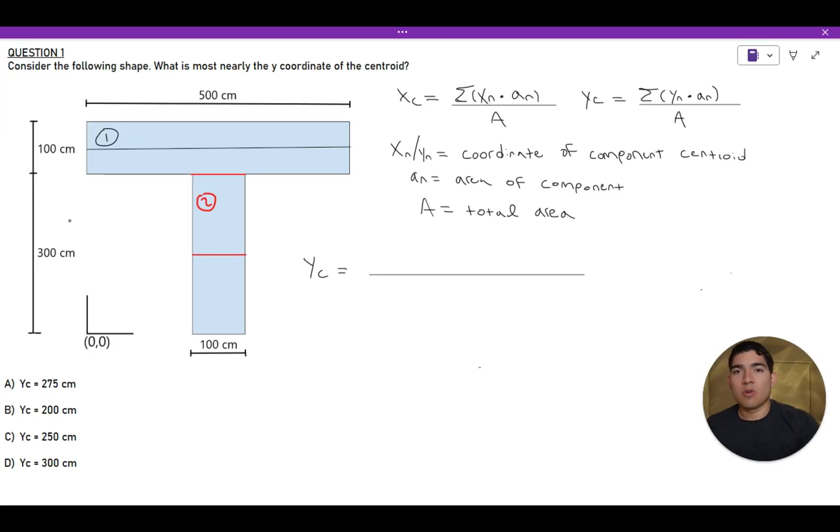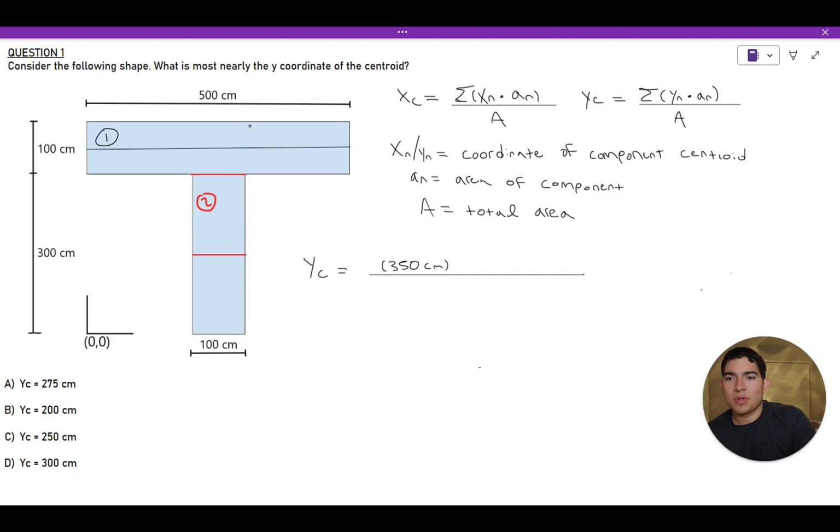Basically, we're taking the height that we found for the y-coordinate of the component, and we're writing in the distance of that height from the origin right here, from 0, 0. So now we have to multiply this 350 centimeters by the area of that first component.